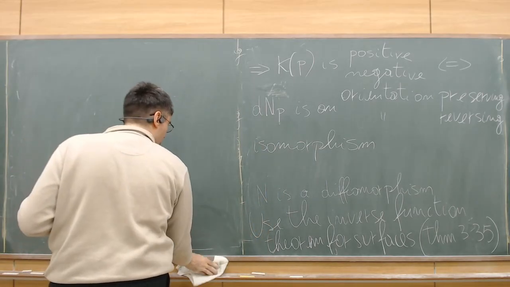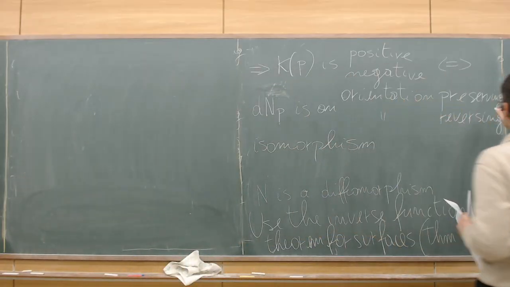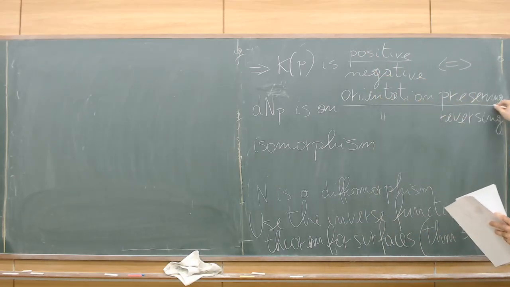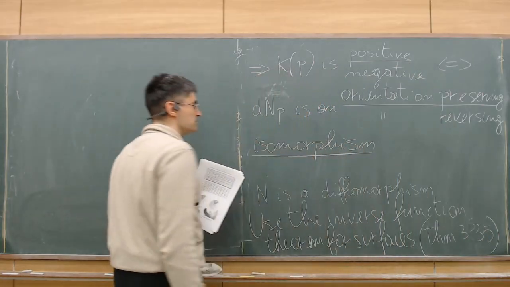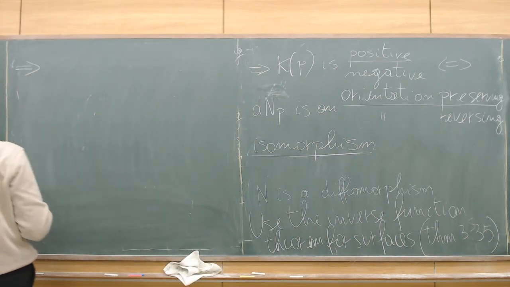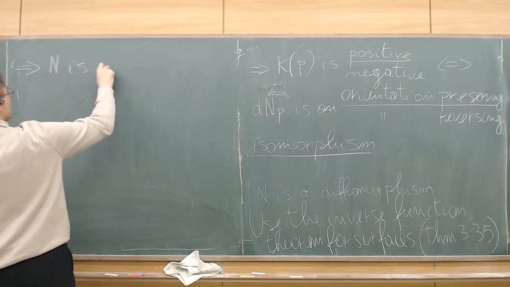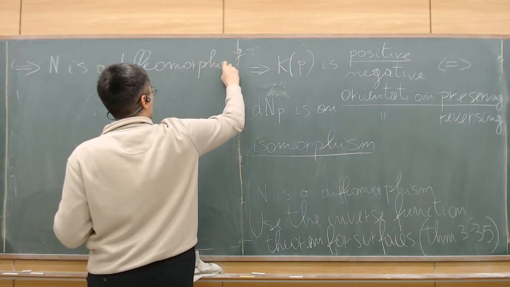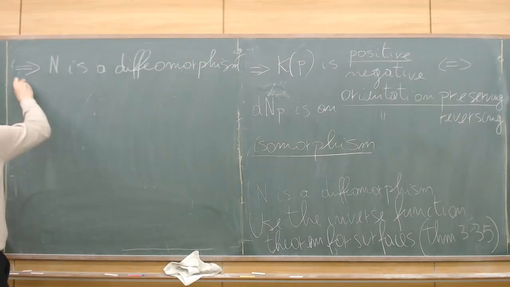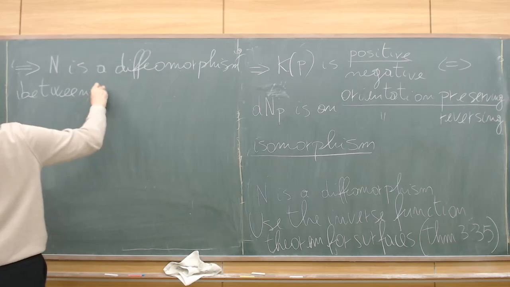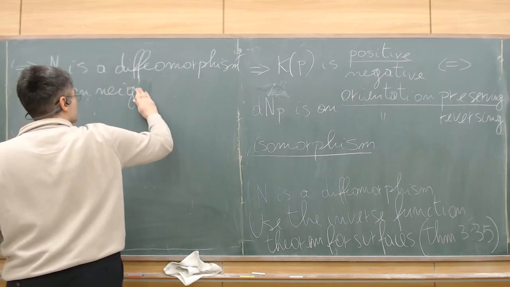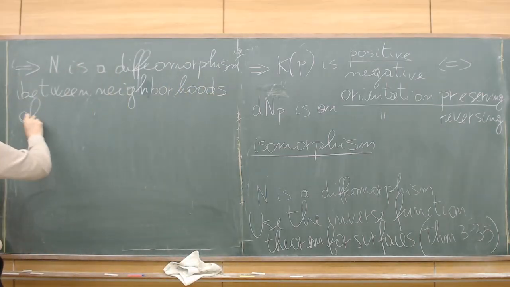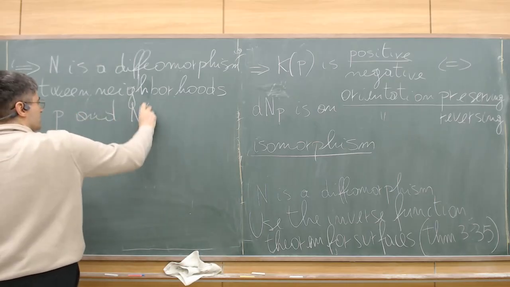This theorem, which uses this hypothesis, precisely we are using the first part, ensures that N is a diffeomorphism between neighborhoods of P and N at P.